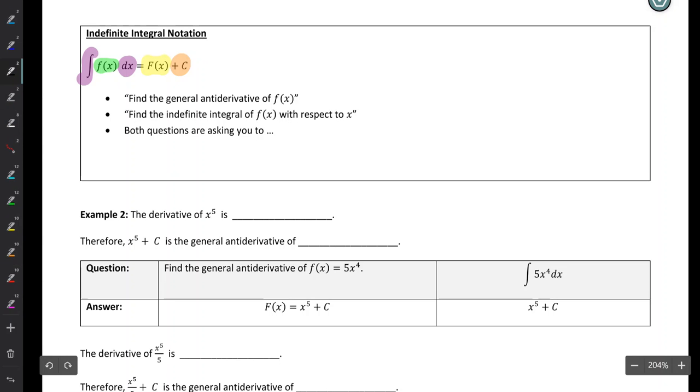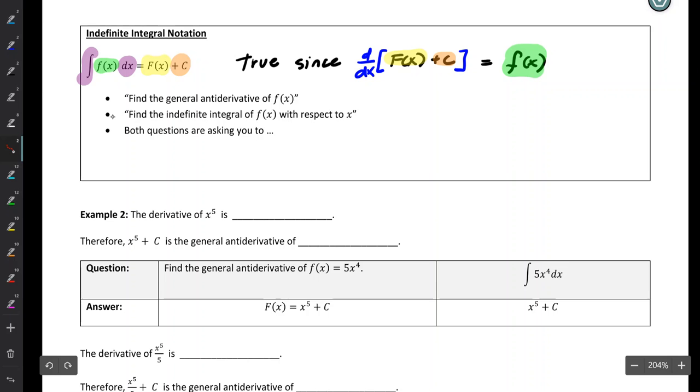So this is true since if I take the derivative of yellow plus any constant, I get green plus 0. Well, green plus 0 is just green, right?